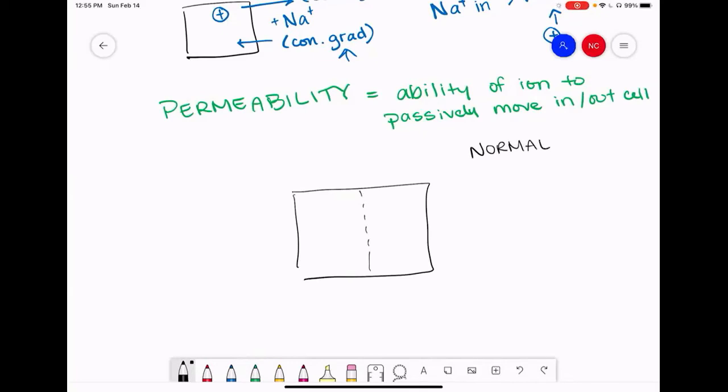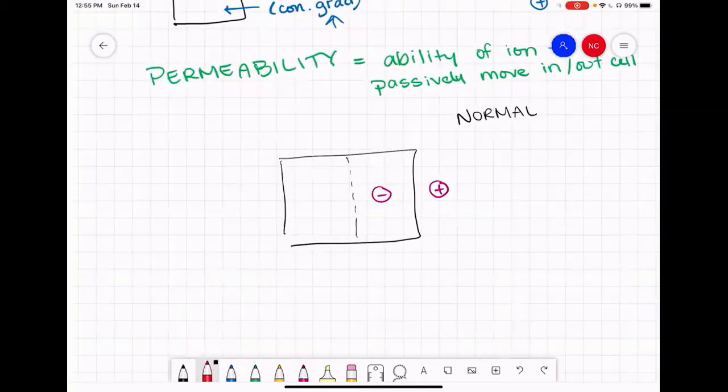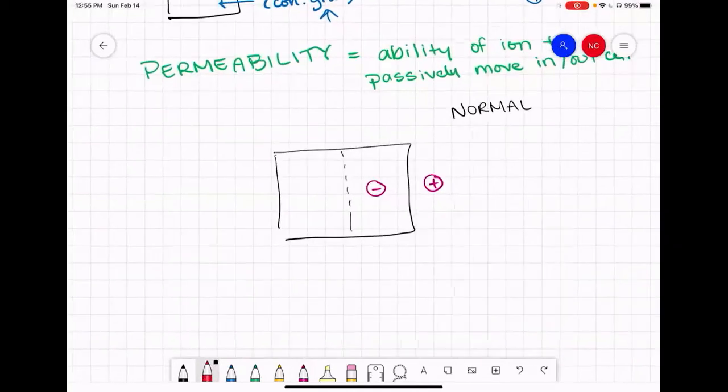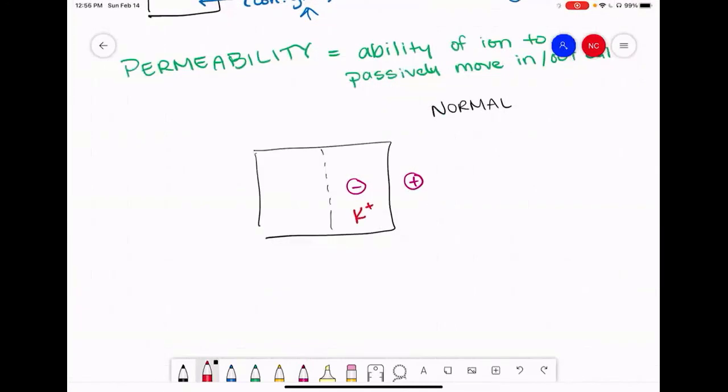So first, let's consider what normally happens. We already covered that for the most part, charge on the inside of the cell is negative and charge on the outside of the cell is positive. And we have natural movements of potassium, due to its concentration gradient, pulling it out of the cell.